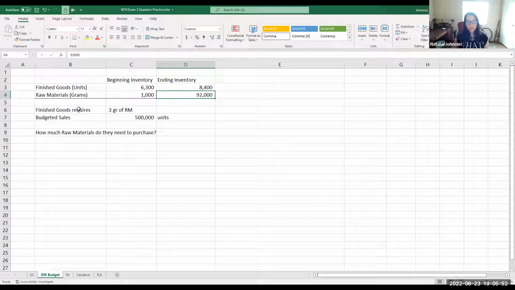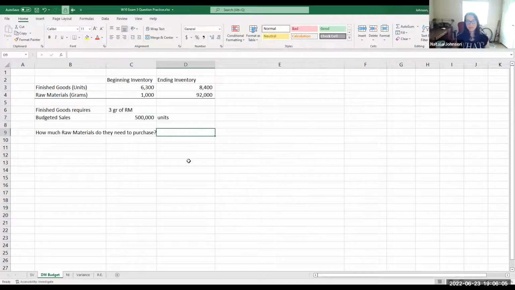They tell you that the finished goods need 3 grams of raw materials, and the sales budget is 500,000 units. So how many raw materials do they need to purchase in grams?